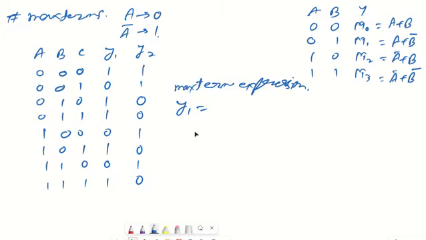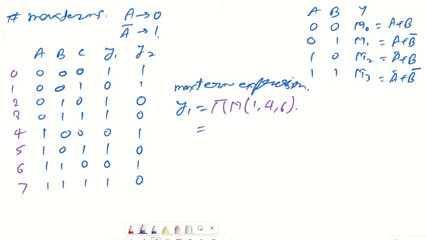So what is the first step? Write the values in decimals: 0, 1, 2, 3, 4, 5, 6, 7. So I can write it as the product of max terms, this is the symbol for product, wherever it is 0, those terms you have to take. So this is 1, and then this is 4, and this is 6. So 1, 4, 6.